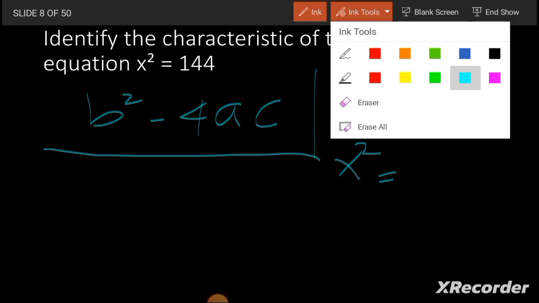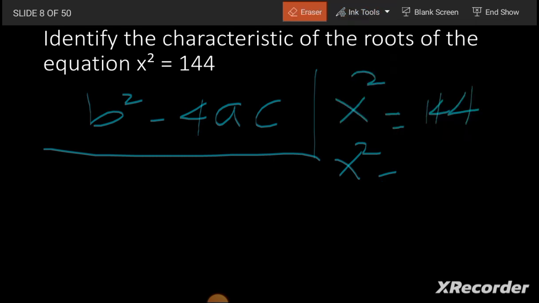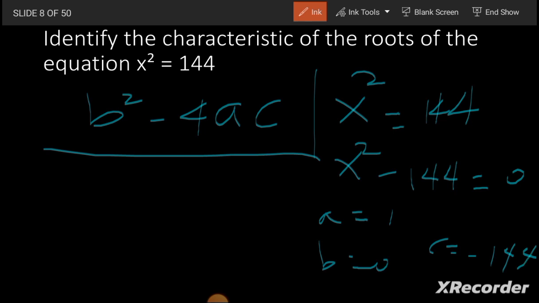So x squared equals 144 can be arranged as x squared minus 144 equals 0. So our a here is 1, b is 0, and c is negative 144.